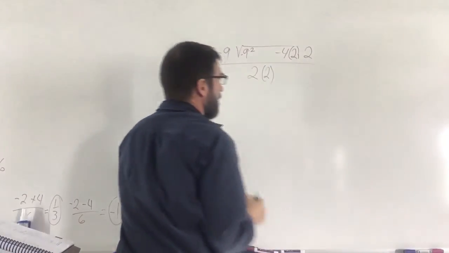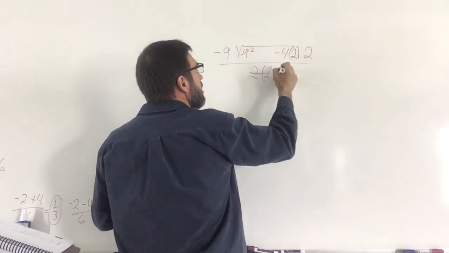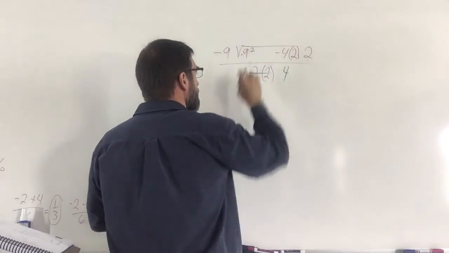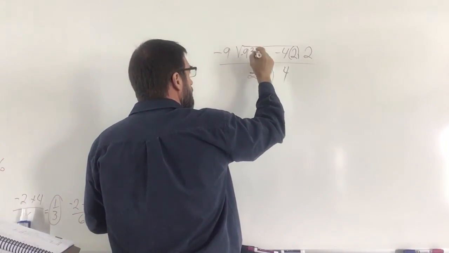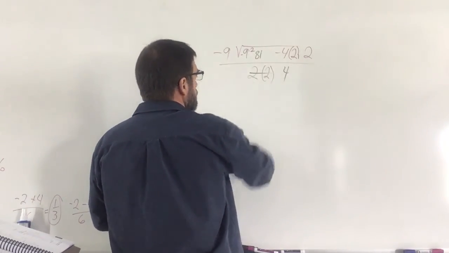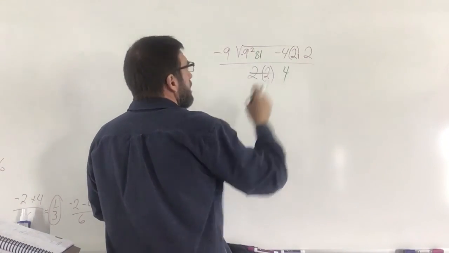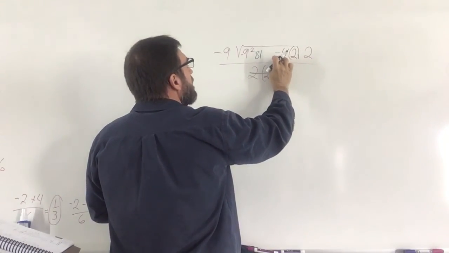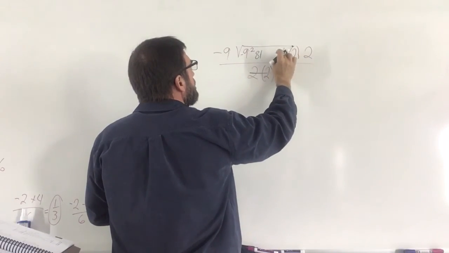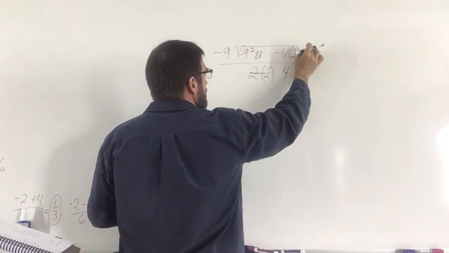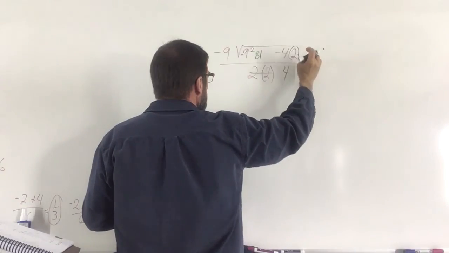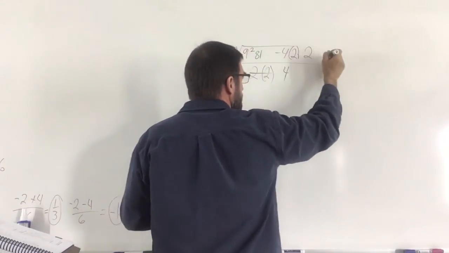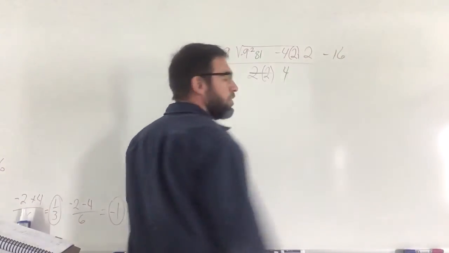Let me change colors. Right here, 2 times 2 is 4. 9 nines is 81. So let's get that 81. It's going to be a positive. I'm going to do here 2 times 4 is 8 negative. 2 fours is 8 negative, and 2 8s are 16. I'm still 16 negative.